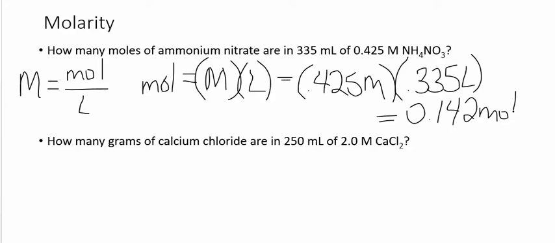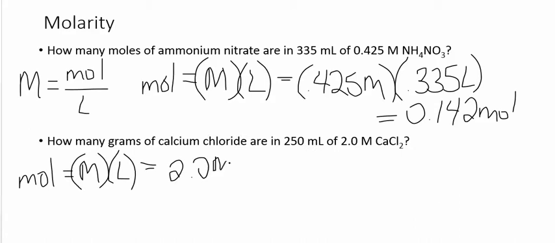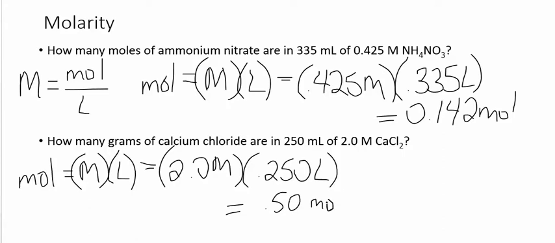Last example under molarity. How many grams of calcium chloride are in 250 mL of 2 molar calcium chloride? Well, I want to solve for moles of solute first because that's the calcium chloride. So we're going to take the concentration, which is 2 molar, times the volume, 0.25 liters. That's going to give me 0.5 moles of CaCl2, and I want it in grams.